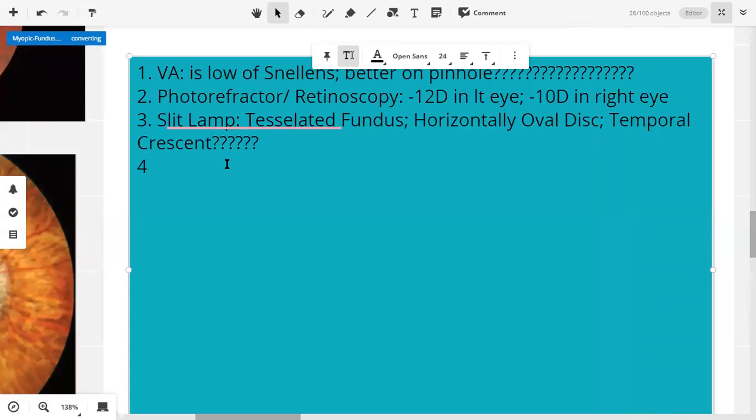What other examinations or investigations would you like to do for this patient? Keratometry. So you think there's something wrong with the corneal curvature. When you perform keratometry, it turns out to be normal.